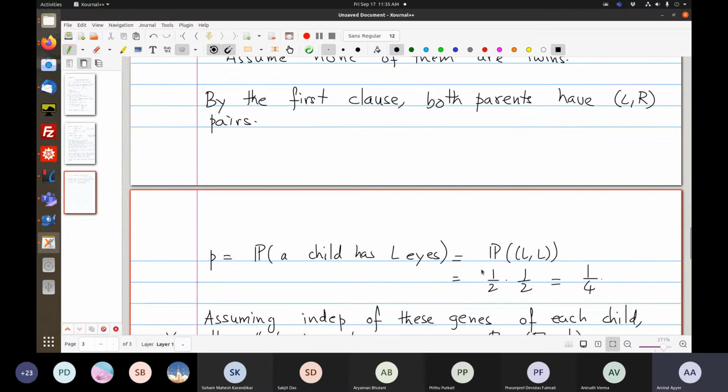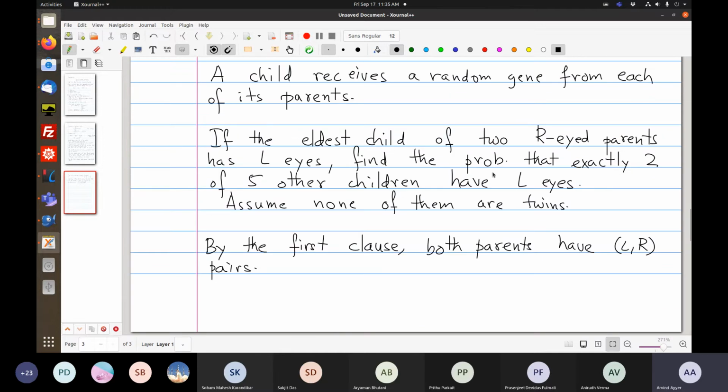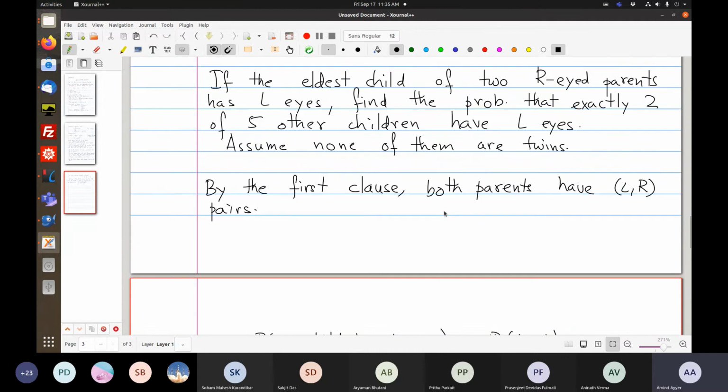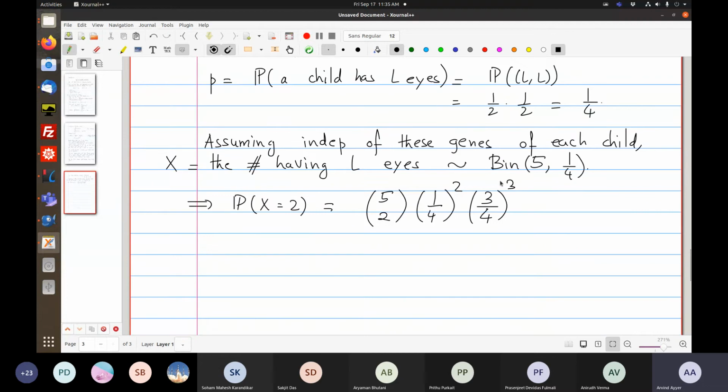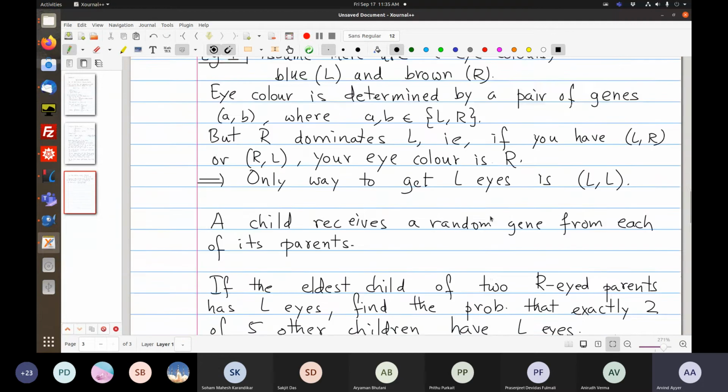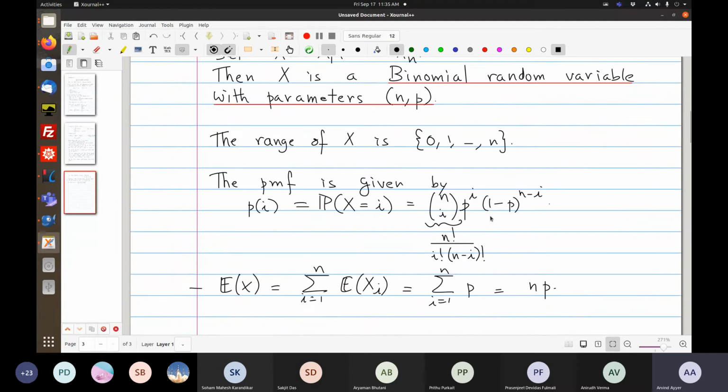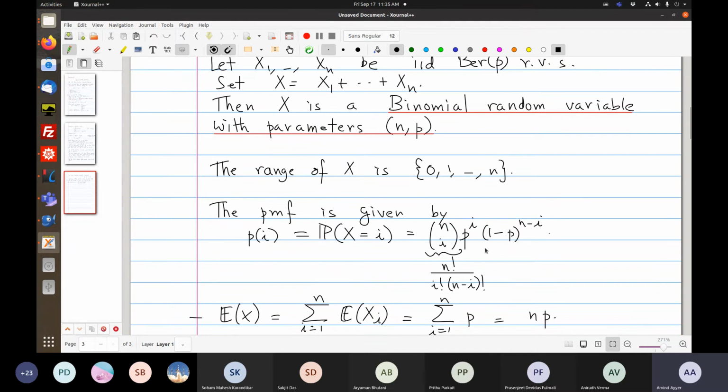We want exactly 2 children having blue eyes. But that means the other 3 children do not have blue eyes, right? So don't forget to include the 1 minus p factor. This is a common mistake.